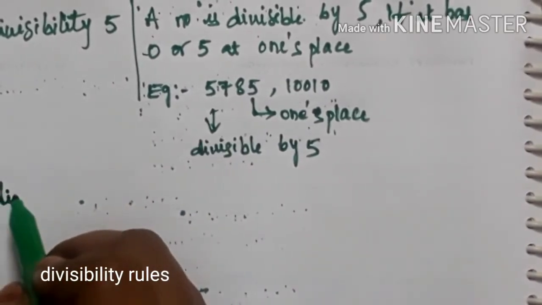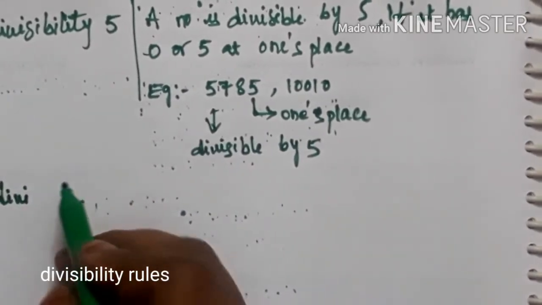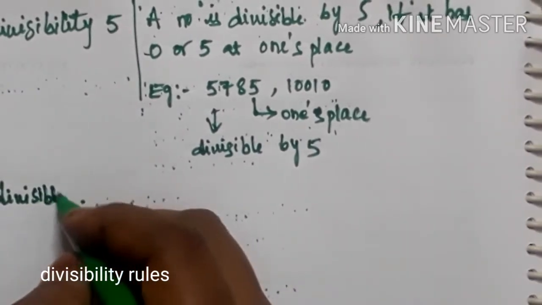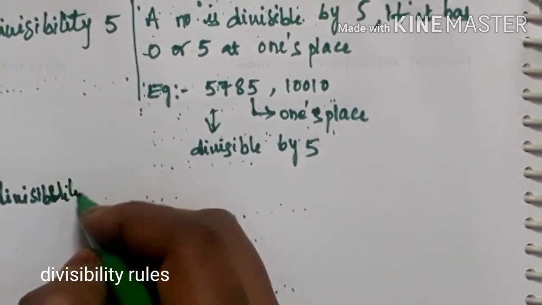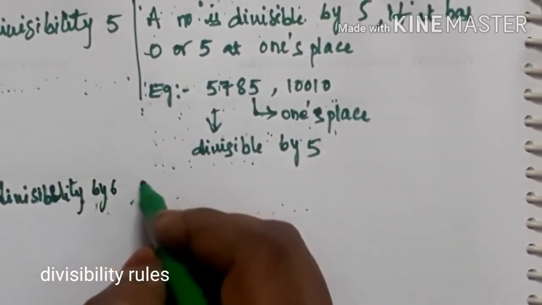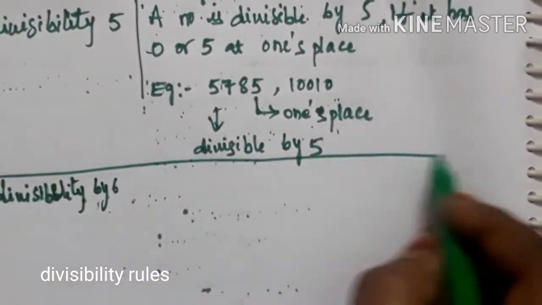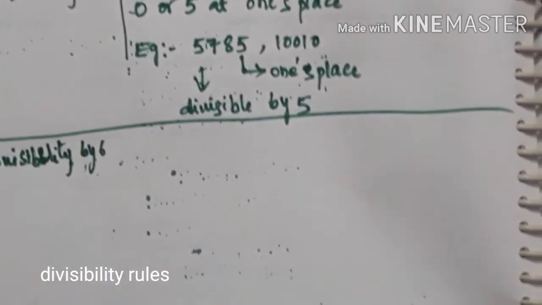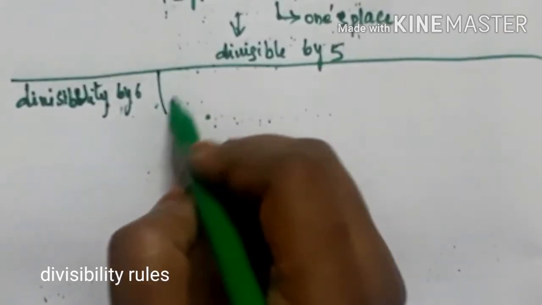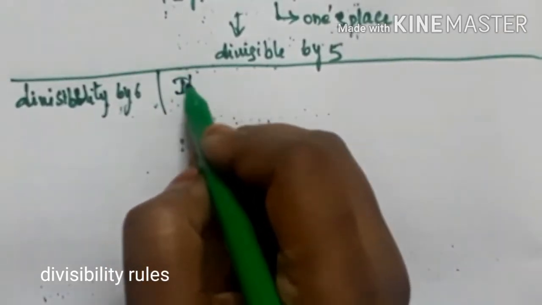Now we will see the divisibility rule of 6.